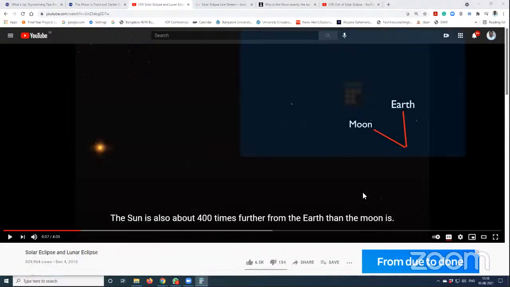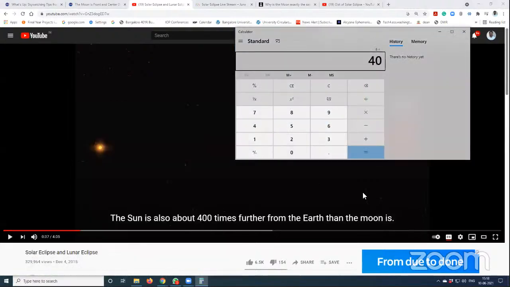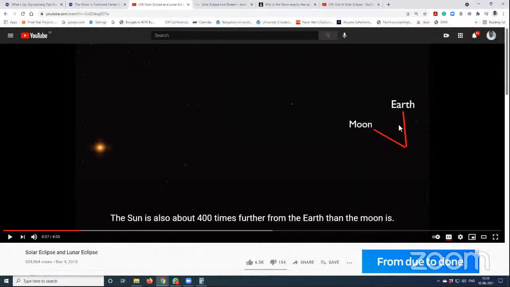4 into 400 becomes 1,600. With 3.84 lakh kilometer you get 1.536, so about 153 million kilometer is the distance of the sun from the Earth. Okay. And in terms of the dimension, we have not noticed the dimension of the moon or the sun.